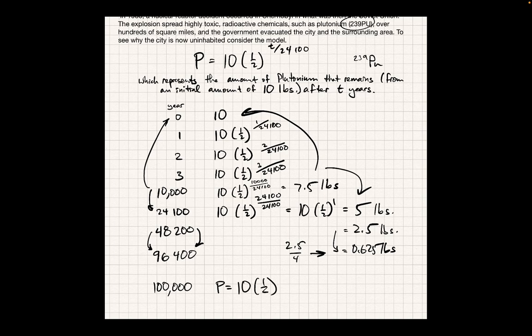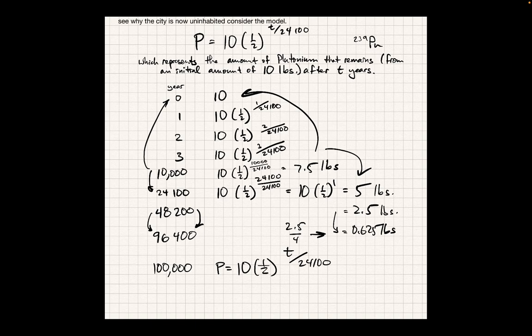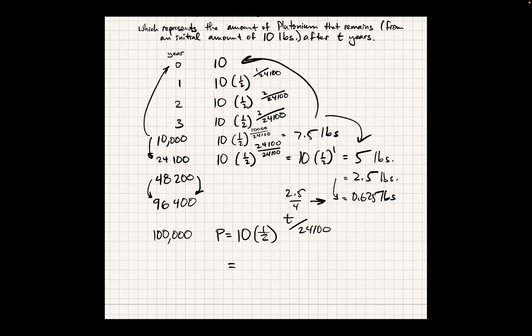Okay, so that's supposed to be 1 over 2, and then t over 24,100. So what is P? How do I write it now for 100,000? Yeah, t is 100,000.